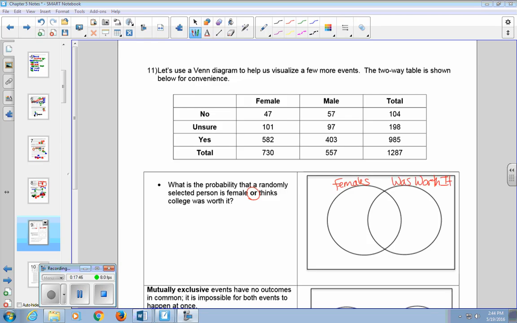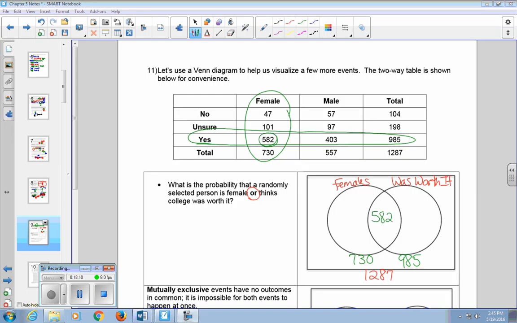And again, we have 1,287 people in our sample space. So for females, we have a total of 730 females. Was worth it, we have 985 people that said college was worth it. All right, now our overlap is 582.